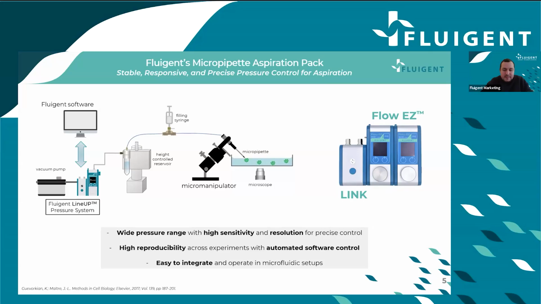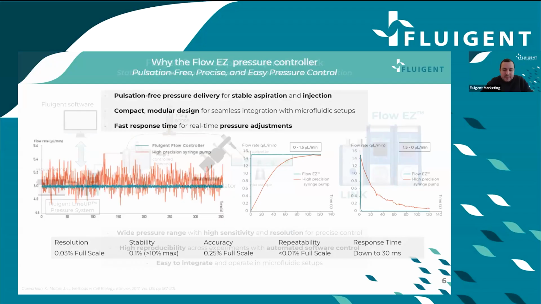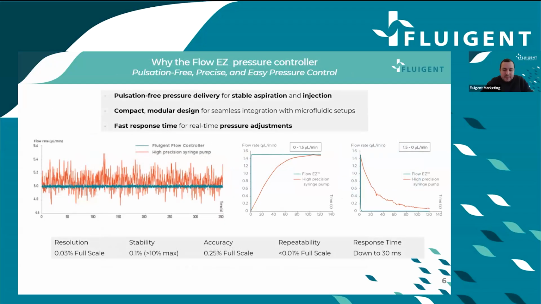These features make the experiments, as mentioned, more quantitative and consistent. One reason we can choose the Fluigent pressure controller compared to other systems is that it is particularly well suited for micropipette aspiration, since it combines precision, stability, and speed, with key advantages over traditional syringe pumps.